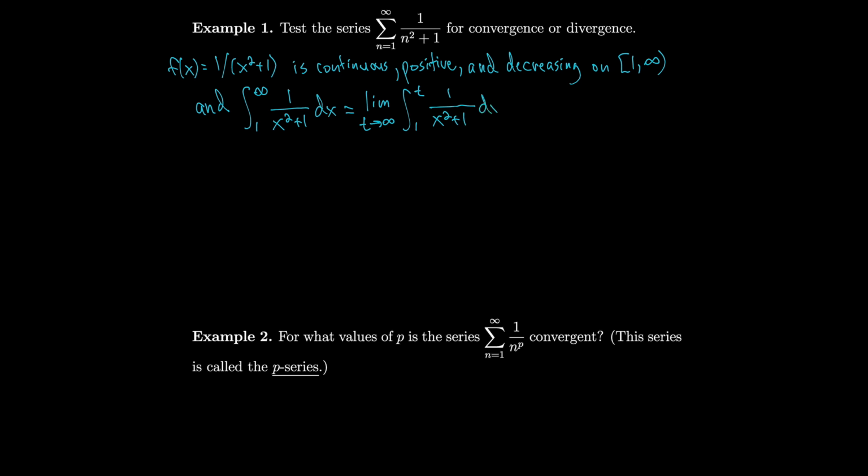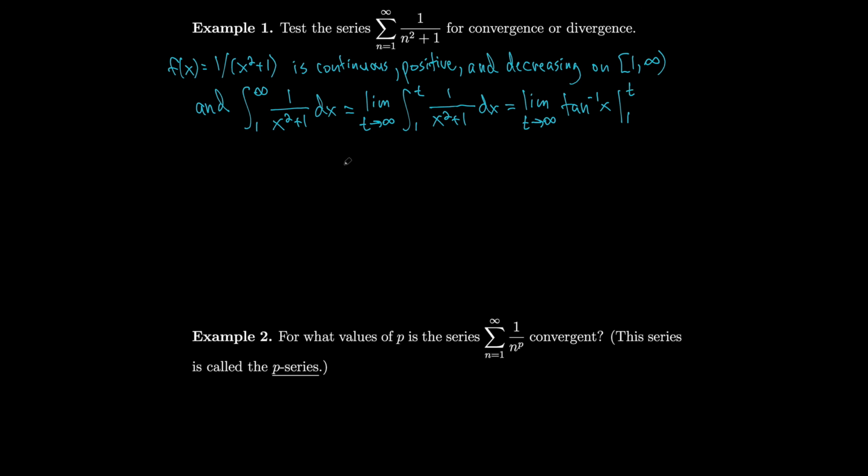So we take our antiderivative. So that's going to be the inverse of tangent. Because 1 over 1 plus x squared is arctangent when you take the antiderivative.